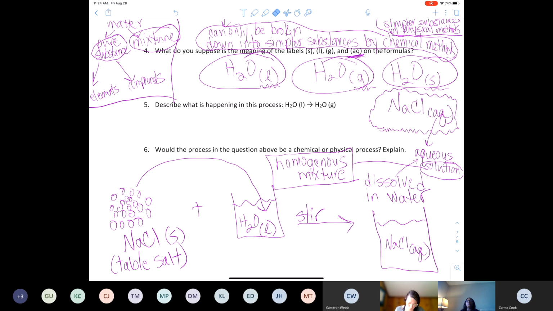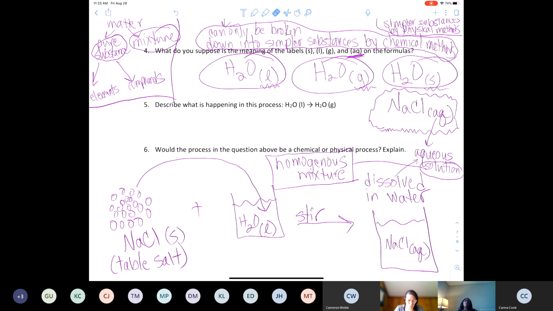But if I have a box of Fruit Loops, that box is a heterogeneous mixture, because I may have more yellow Fruit Loops at the top of the box, but very little yellow at the bottom. The bottom of the box may be dominated by red Fruit Loops. So a bowl of soup, or a box of Raisin Bran, you don't have the same number of raisins at the top of the box as at the bottom. Those all represent heterogeneous mixtures.